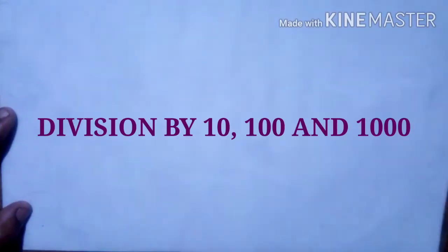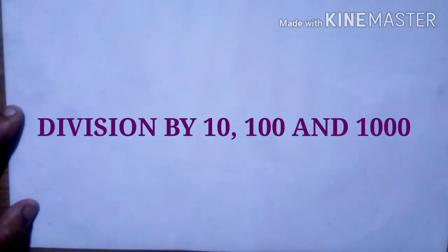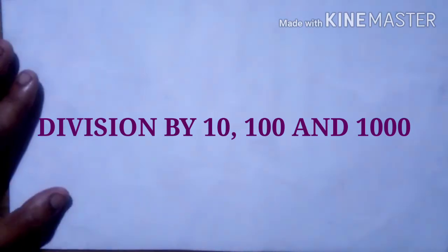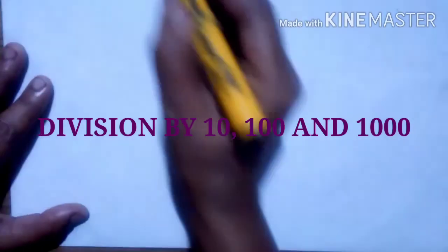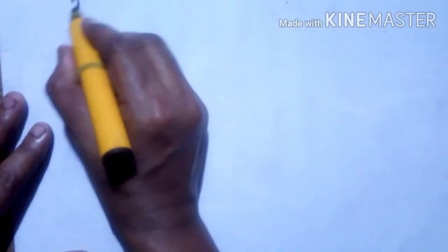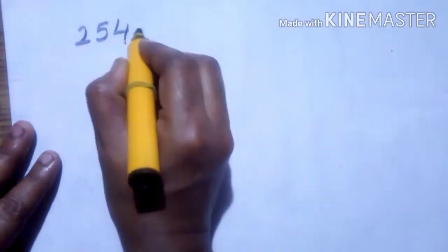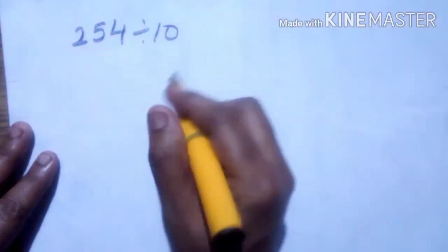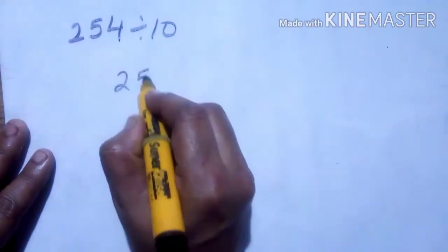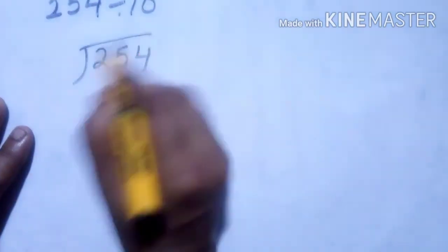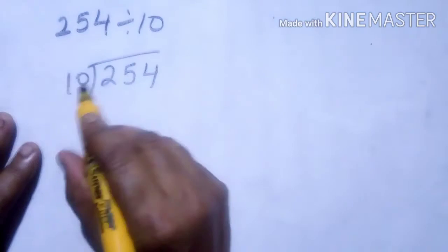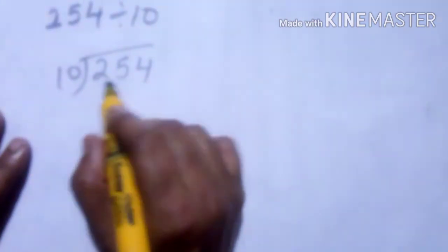Next is division by 10, 100 and 1000. So first we do division by 10. For this example, 254 divided by 10. As it is a 2-digit divisor, here you have to take the first 2-digit number.